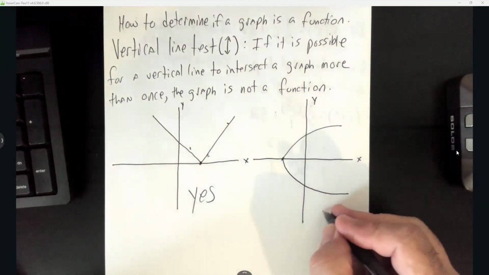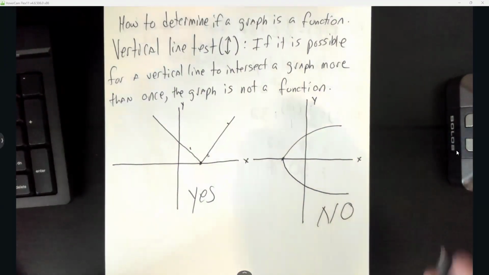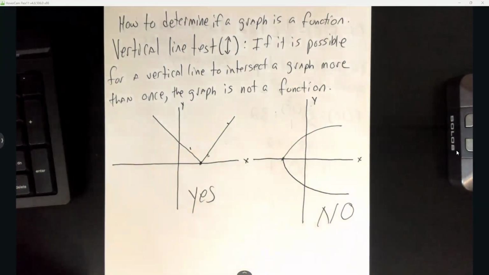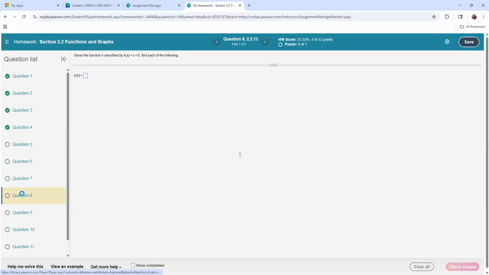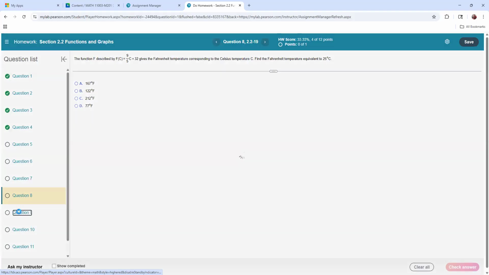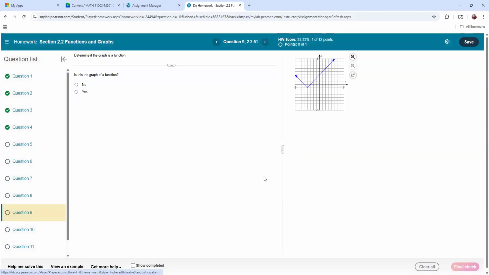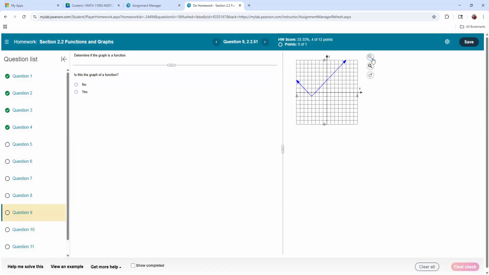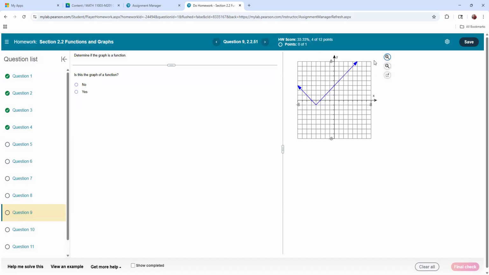So perfect Genesis, that would be a no. So y'all, let me go to MathLab and see what they're doing on them graphs right there. Oh, that was a temperature one. All right, I'll make this graph bigger for you. Is that graph a function?